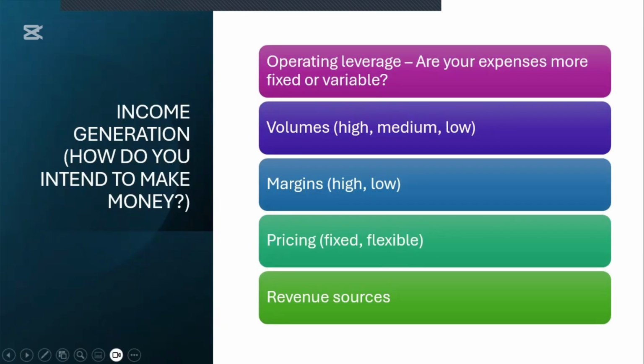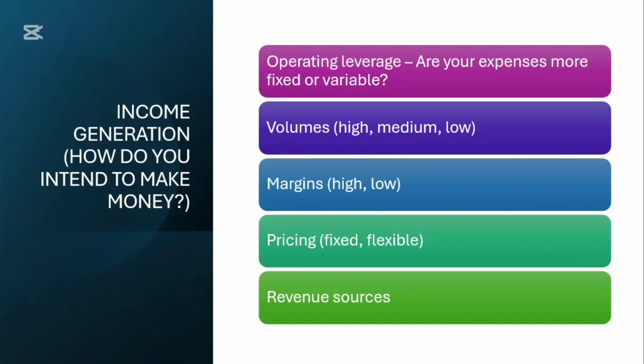The next area is income generation, and it's how do you intend to make money? With this one, the first thing is one that sometimes confuses persons. It's with regards to operating leverage. What we are trying to look at here is whether or not your expenses are more fixed or more variable in nature.